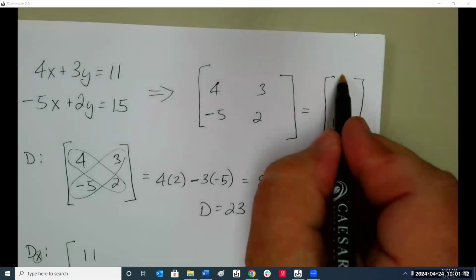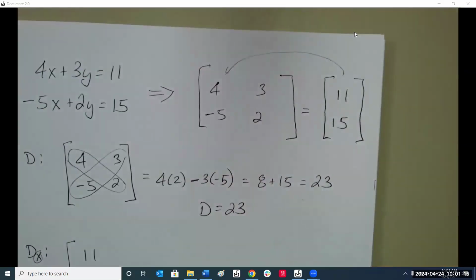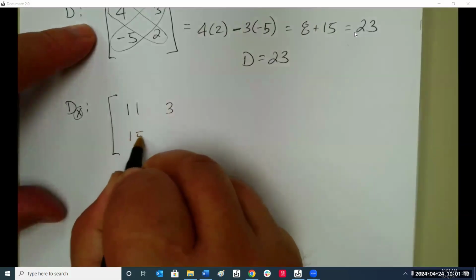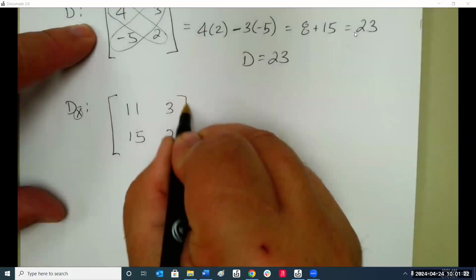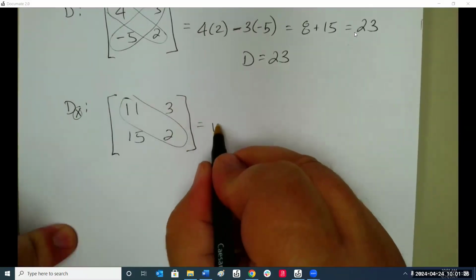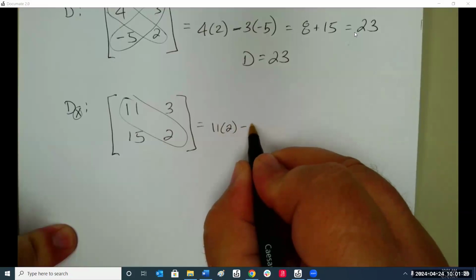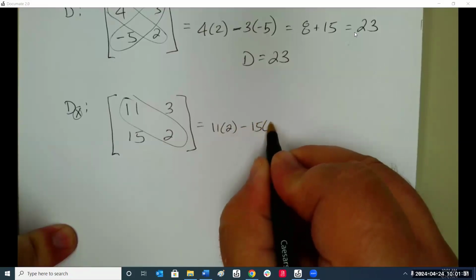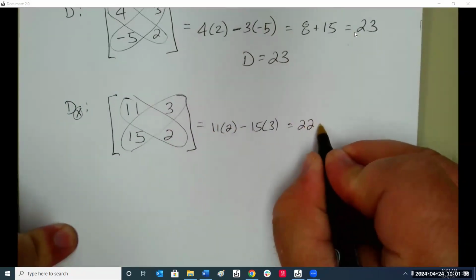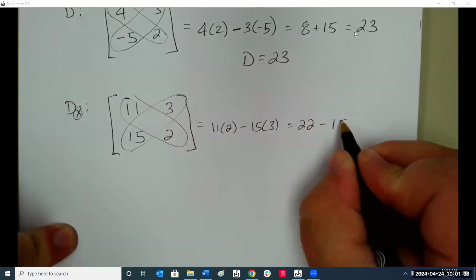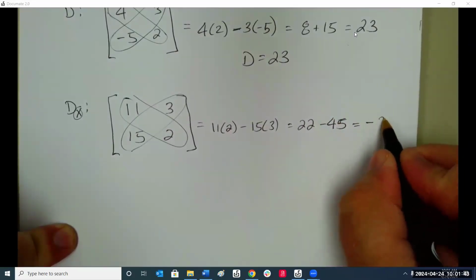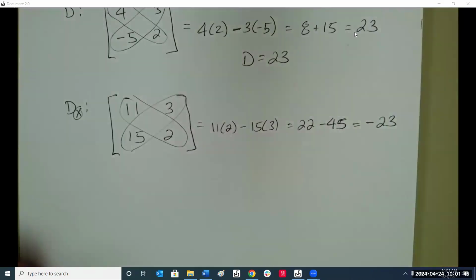So put the answer into the x column. 11, 3, 15, and 2. 11 times 2, 15 times 3, 22 minus 45, -23.